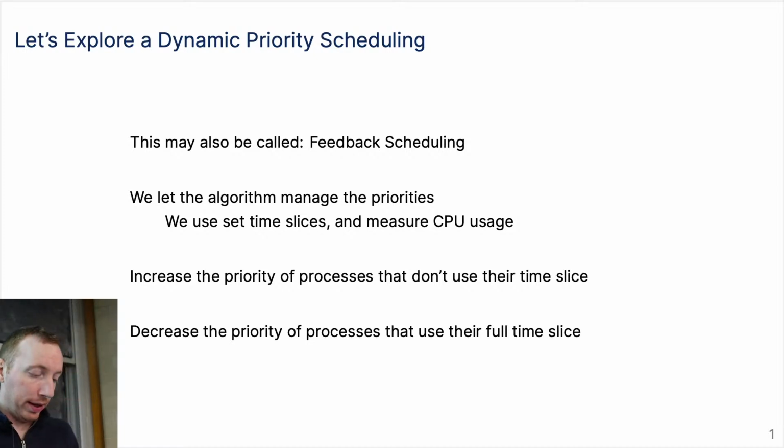So we use set time slices, and the idea here is we have interrupts every so often within that time slice, and we measure CPU usage across that time, and then we increase priorities of processes that don't use their full time slice, so that are probably more I/O bound and not CPU bound, and then we decrease the priority of processes that use their full time slice. And the idea of this is to give essentially priority to I/O bound processes so you have good responsiveness while still being fair and giving CPU bound processes a lot of CPU time so you have good throughput still.